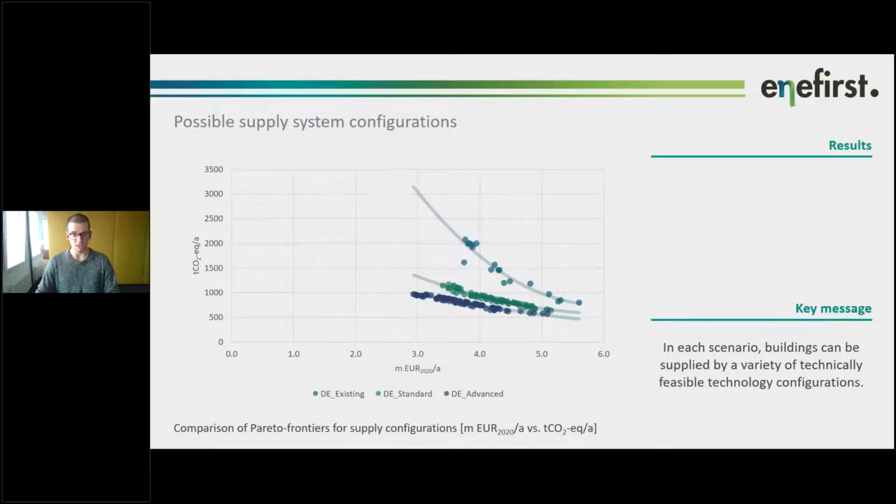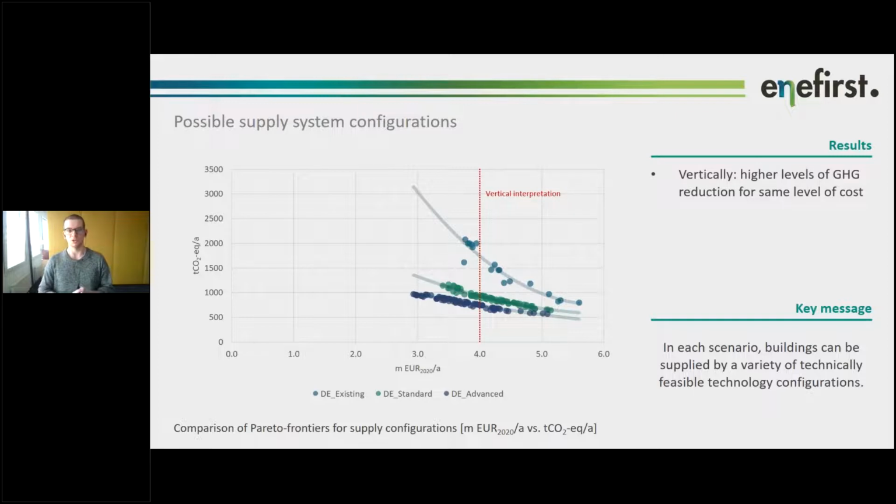These curves that you see right here correspond to the 3 scenarios, and each dot on the curves represents one unique system configuration, which has a particular cost per year and a particular level of greenhouse gases.